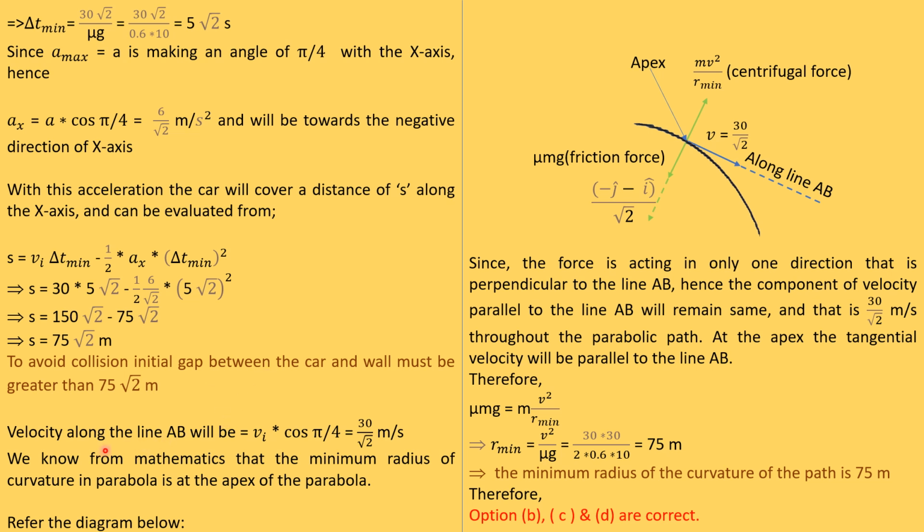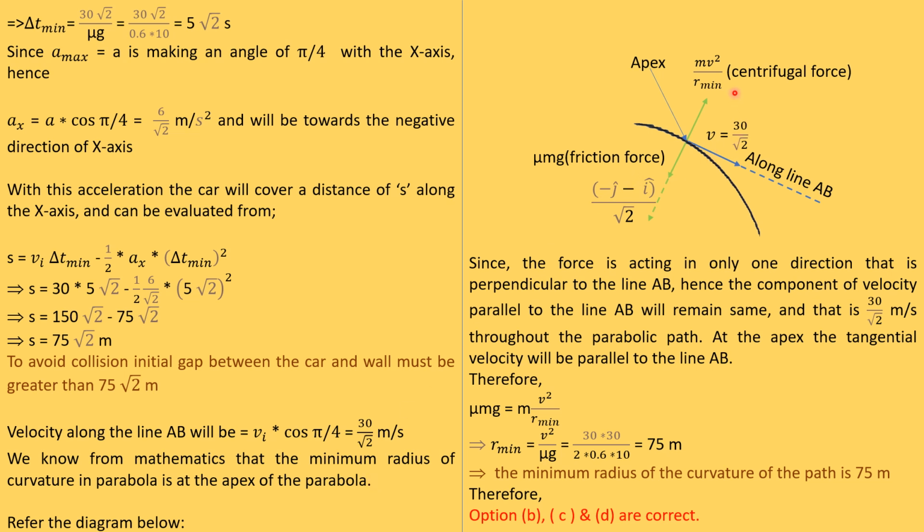Now from the diagram, if you refer to the previous page, the velocity along the line AB will be Vi cos pi by 4, that is 30 root 2 meter per second. And we also know from mathematics that the minimum radius of curvature in a parabola is at the apex of the parabola.